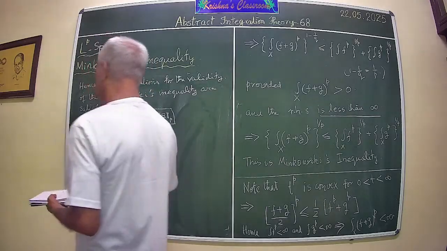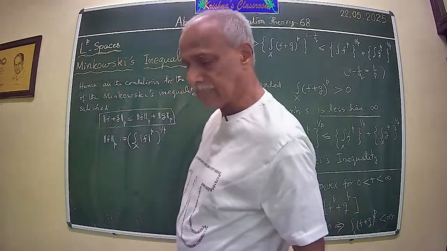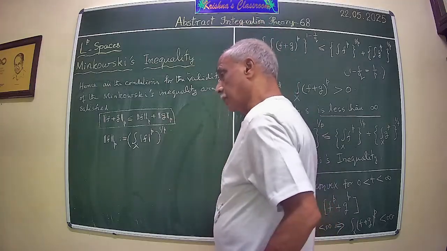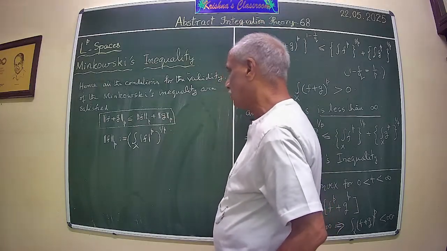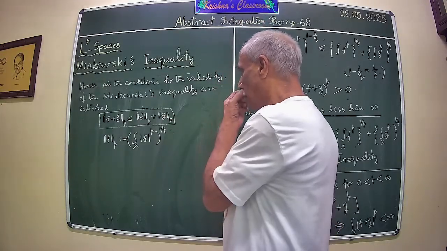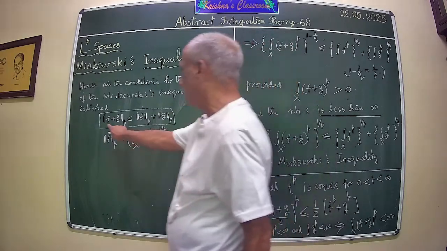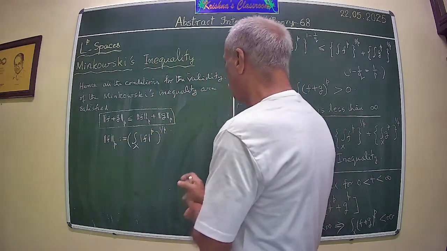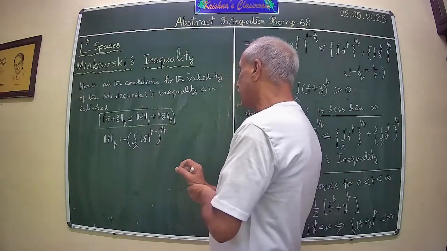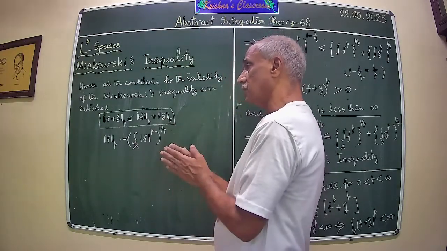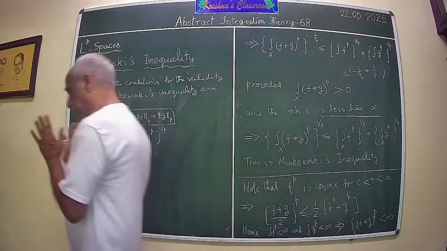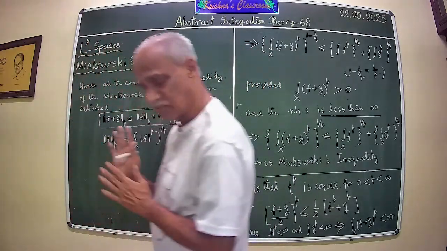One, f plus g is an L^p function whenever f and g are L^p, and the norm of f plus g is bounded by norm of f plus norm of g, which is essentially the generalization of the triangle inequality. This is what we wanted.